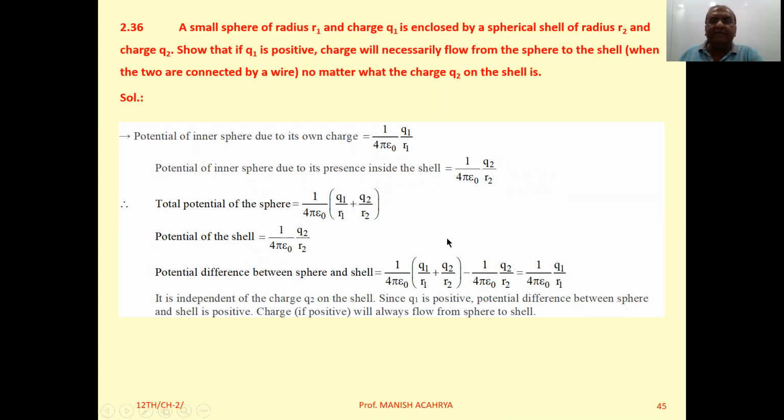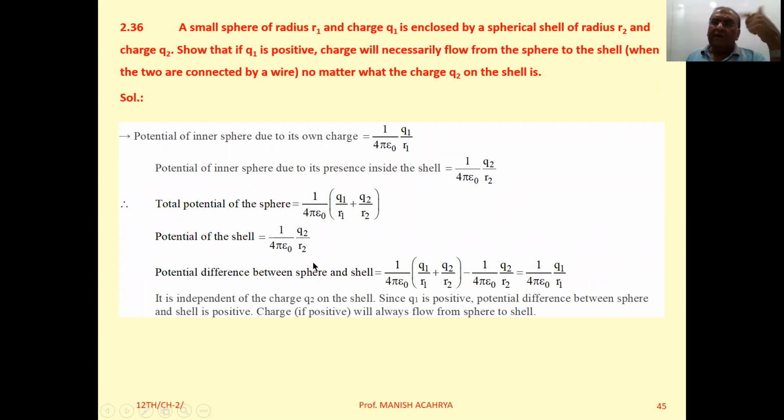So we can say, due to that outer shell, the potential at the surface of the inner sphere is 1 upon 4 pi epsilon 0 Q2 upon R2. So we can write the resultant potential at the surface of the inner sphere as 1 upon 4 pi epsilon 0 into Q1 upon R1 plus Q2 upon R2, the summation of these two.